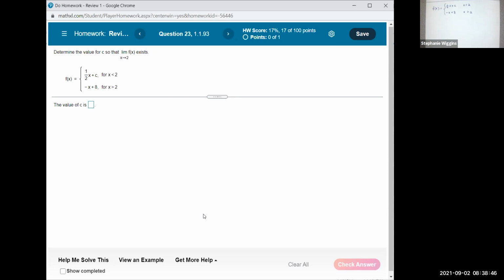Basically this is the left, and this is the right. In order for the limit to exist, they have to be equal. So first, let's calculate the limit on the left. It's just plugging in the value 2 into our function.